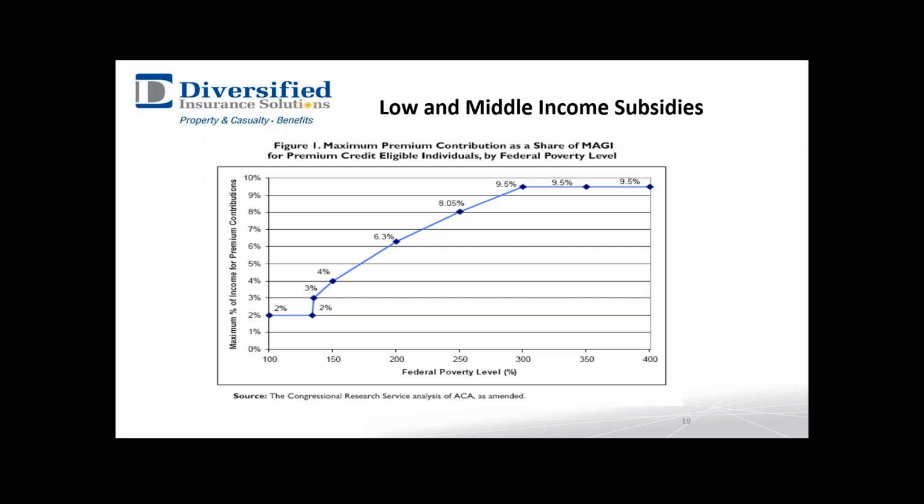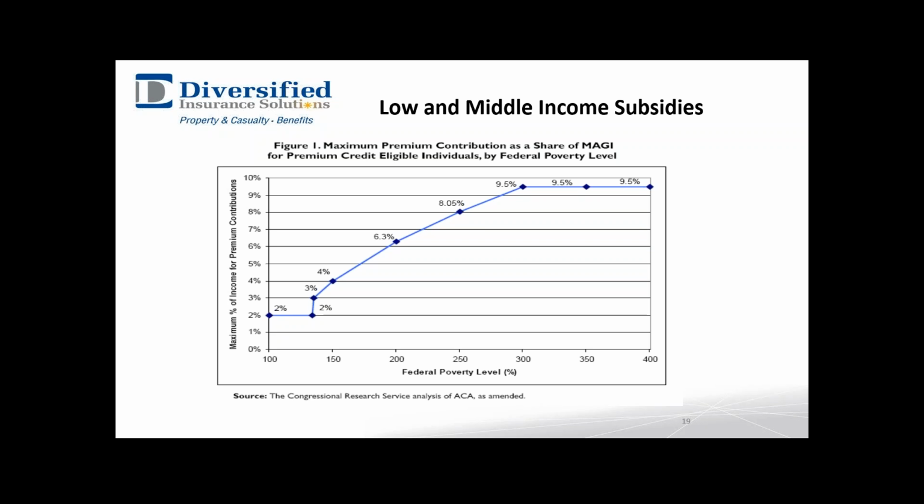You'll see in the next slide, depending on your income and what level you're at, you could have two individuals going for the same Anthem plan, but one is at 200% of the federal poverty level and one's at 300%. They could have the exact same cost of coverage from Anthem, but they could pay two different premiums to that carrier based on their income level.